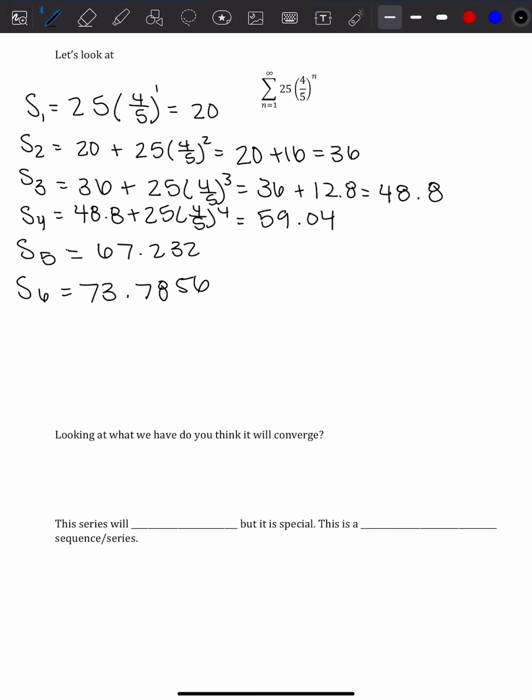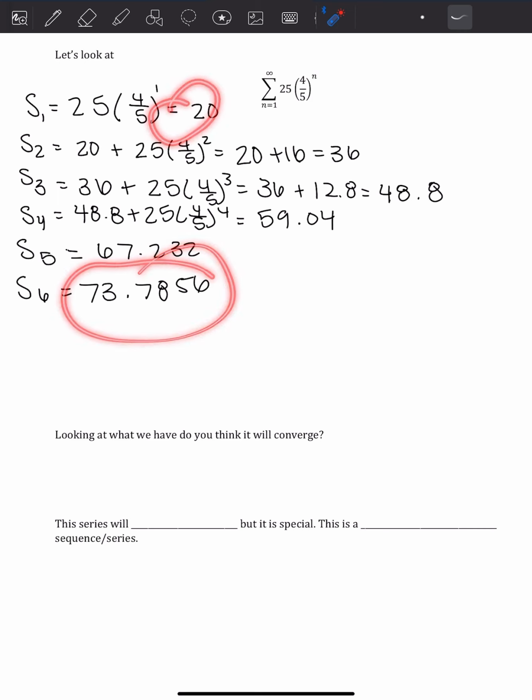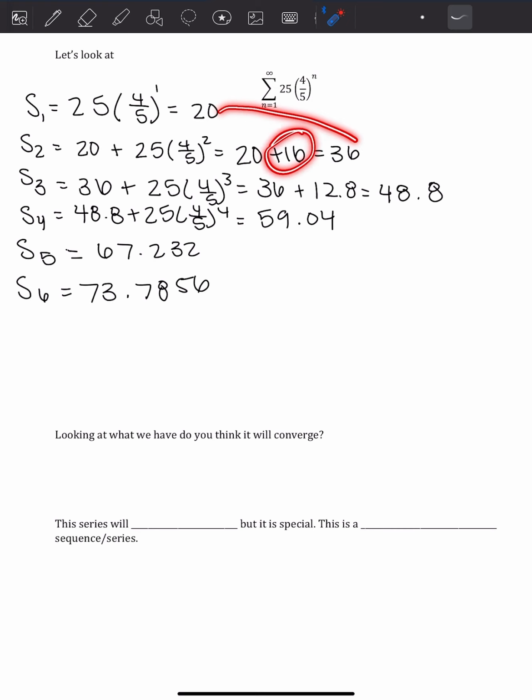Things that we want to look for here: if we look at the difference between 20 and 73.78, they're not that close like it was with 1/2 and 1, but we don't necessarily need them to be close. What we're really looking at is the difference between these values. The difference between 20 and 36 is 16.